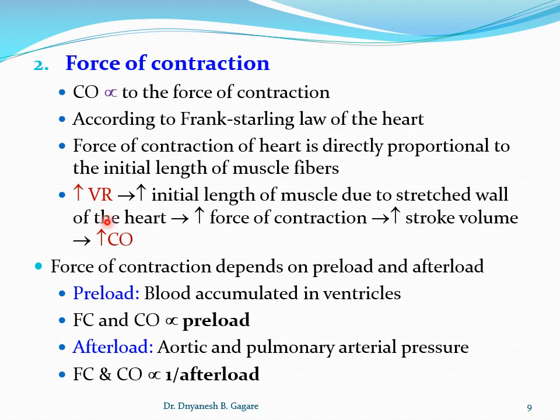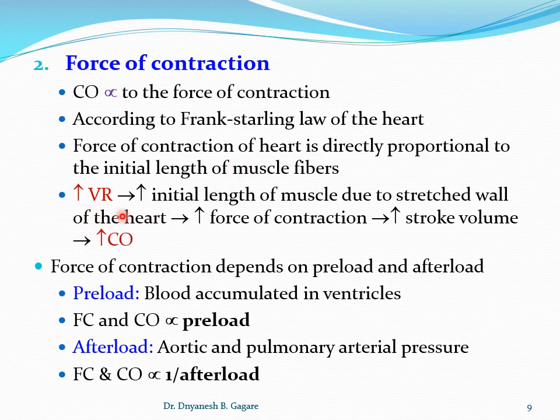So how is the cardiac output increased? The first mechanism is an increase in force of contraction, and it is achieved by the Frank-Starling law. The Frank-Starling law says that if the initial length of the muscle is more, the muscle contracts more, or the heart contracts vigorously.